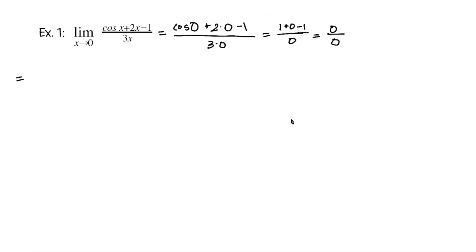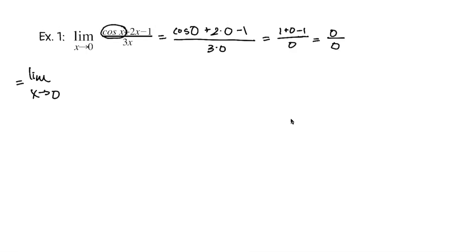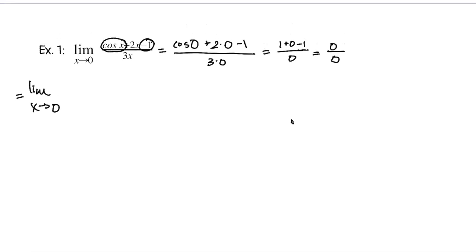So one way we could approach this problem is we can take the expression that we have and split it up into different fractions. I'm going to take cosine x minus 1 and make that the numerator for one fraction, and that denominator will be 3x. And then I'm going to make the other fraction be the 2x over 3x.